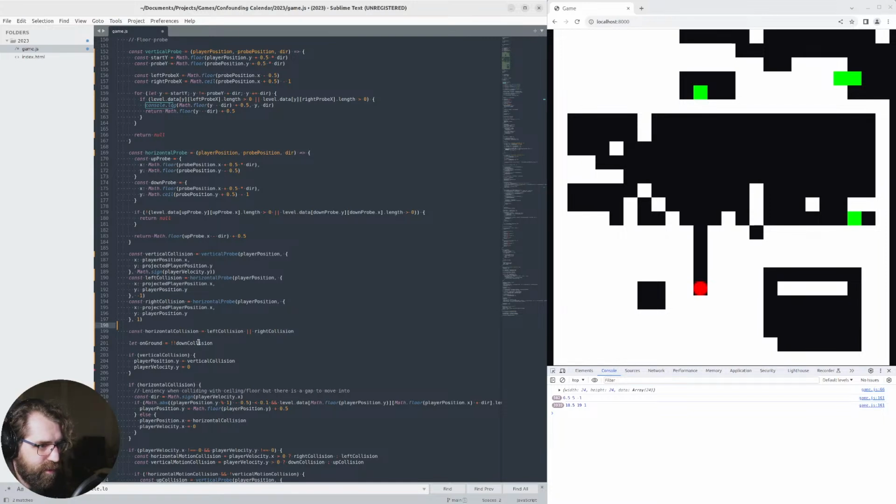But now how do I check if it's a down collision or not? Easy. I just say, do we have a vertical collision and is our velocity greater than 0? Or maybe even greater than or equal to 0. Yep, vertical collision. Cool. That's on ground.